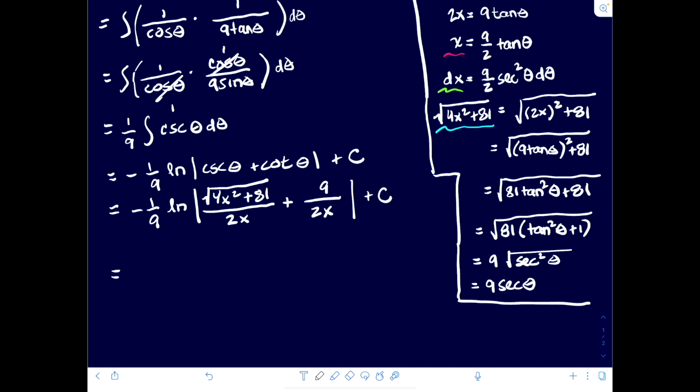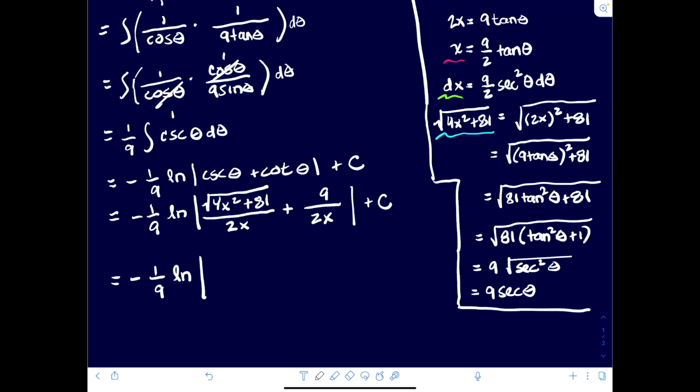And then this will be negative 1/9 times the natural log of absolute value. Do you see they're both over the same denominator? So we will have 9 plus the square root of 4x squared plus 81 over 2x plus our constant of integration.